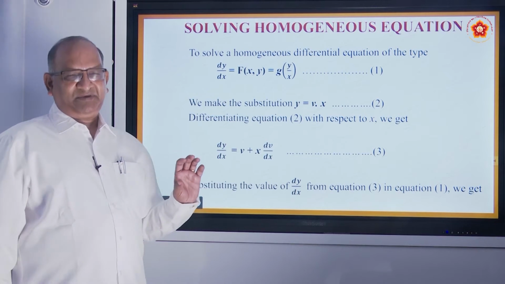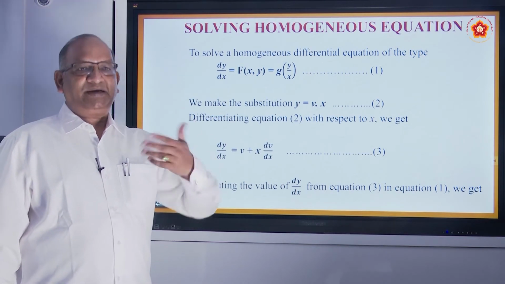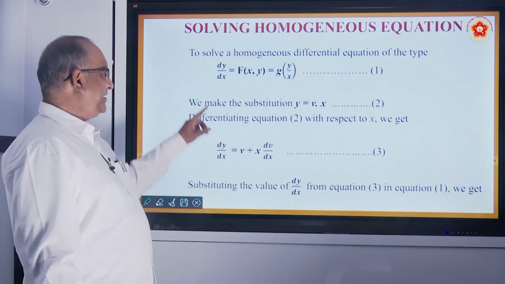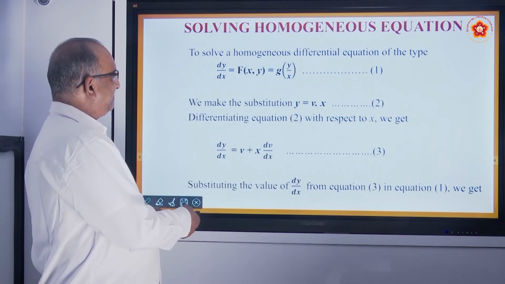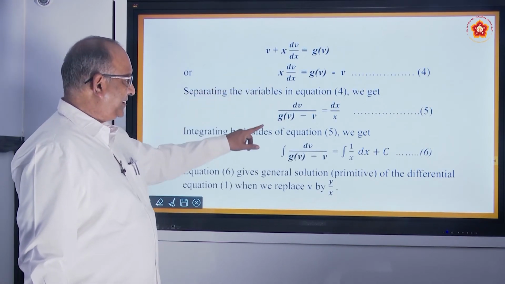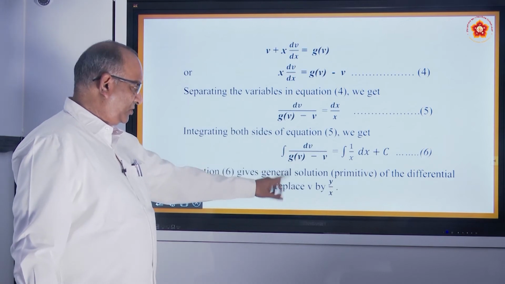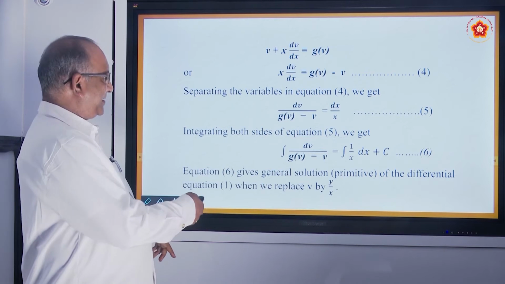Some differential equations, very few, not many, are also written the opposite way. Instead of writing dy by dx, it will be dx by dy. Anyway, he has made the substitution and then he is trying to solve it. He has shown how to solve. Once we solve the problem, you will be able to understand better.